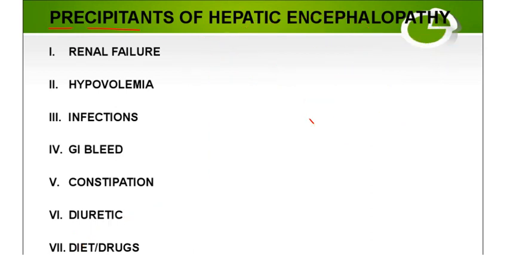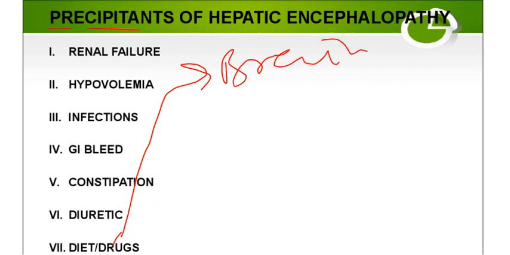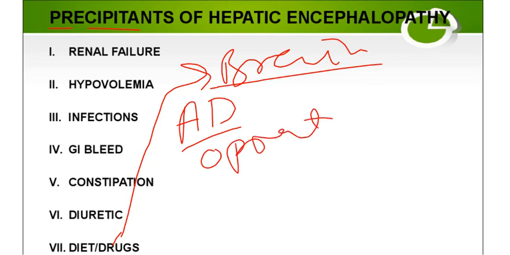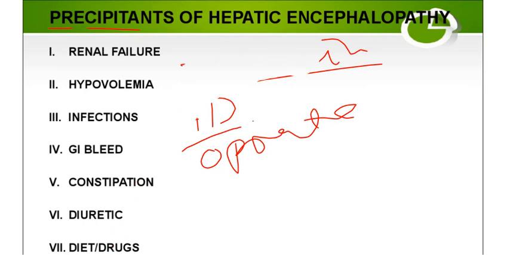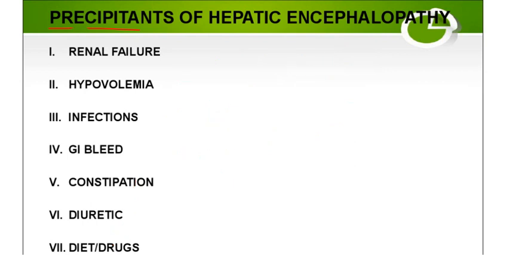Since encephalopathy affects your brain, any drug which acts on the brain, like antidepressants, opiates, all these drugs can aggravate the symptoms of hepatic encephalopathy, so they should be avoided. So these are the common precipitants and how they can lead to the precipitation of hepatic encephalopathy.